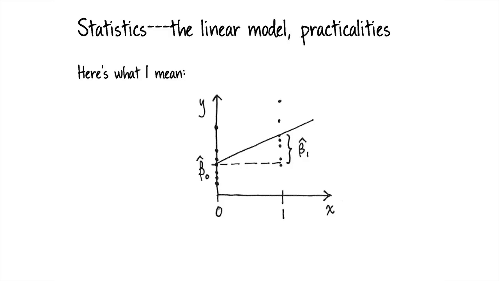Then beta naught hat is interpreted as the mean of the group of observations that have the dummy variable equaling 0, and beta 1 hat is the increment in the mean, or the effect of having the dummy variable equal 1.